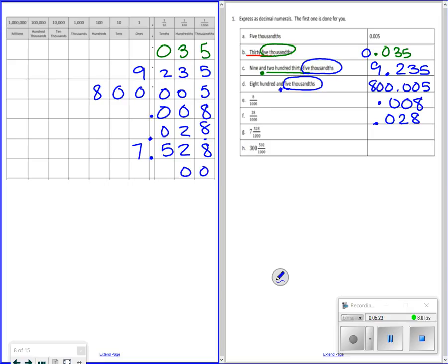Oh my gosh, what am I doing? 502. 300. So I've got to do 300. Should look like that. So you see what we did? But it's not 3, it's 300. We good? Yes, ma'am. Awesome.